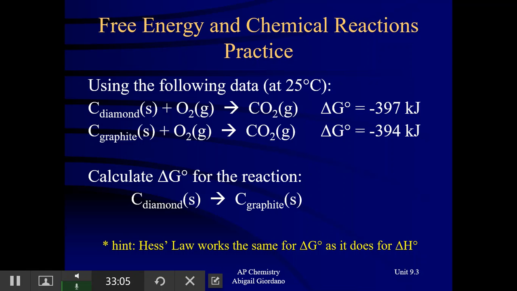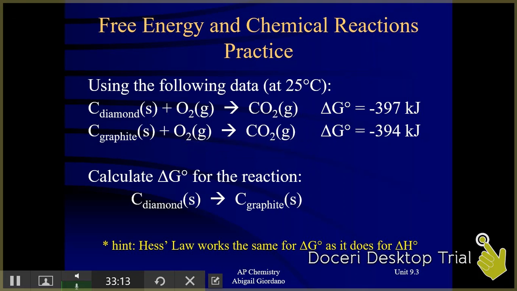Hess's law problems work the exact same way. We did them back in Unit 6 with delta H values. It works the same way for delta G values. So let's just review that process.